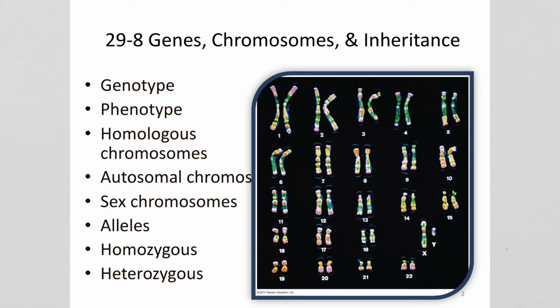If you have 23 pairs of shoes, you have 46 individual shoes. In chromosomes, like shoes, the 2 shoes aren't identical because you have a left and a right. And the chromosomes, the pairs aren't identical because you get one from your egg donor, sometimes called mama, and one from your sperm donor, sometimes called papa.